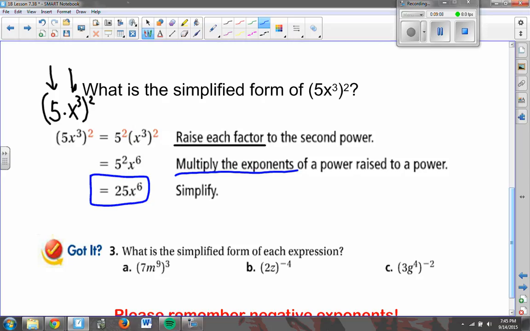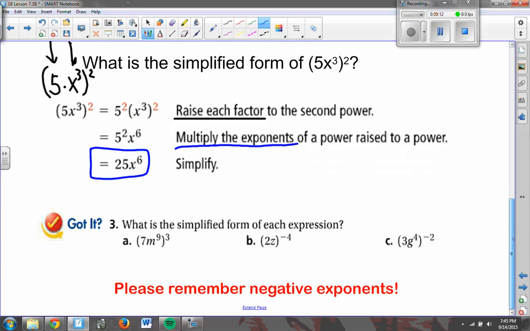Right? And we're done. I want you to take a look, please, at these 3 example problems, which you can find in the Got It, number 3, in the middle of page 435. Take a look there. Try to simplify each of those expressions. And please take note of the negative exponents. Here we have a negative 4 exponent right there, which means this stuff is all going to end up on the bottom of a fraction somehow.